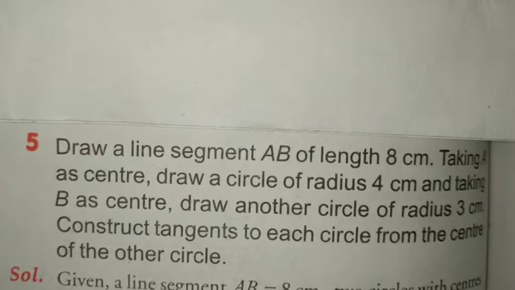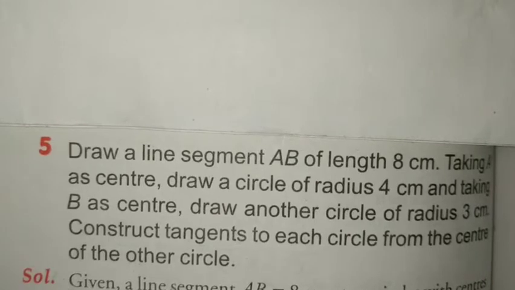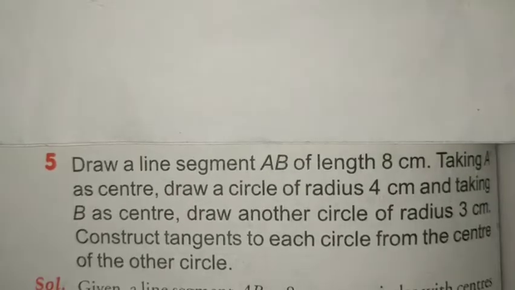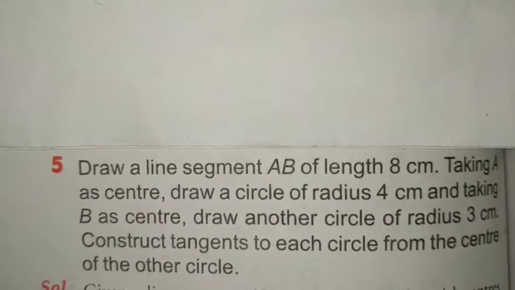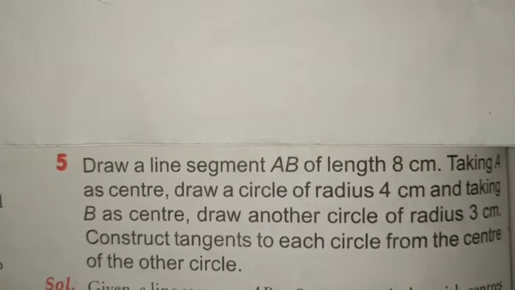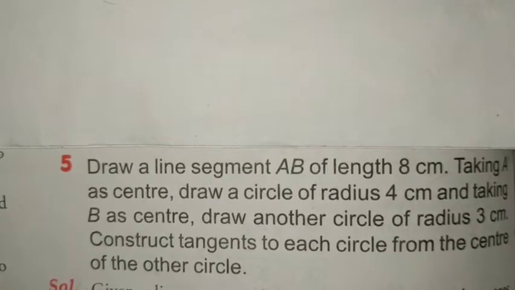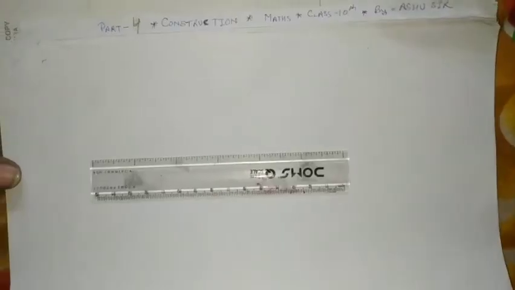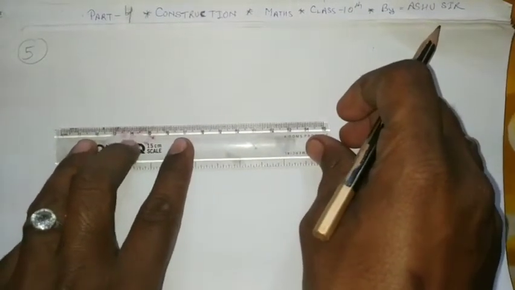The question is, draw a line segment AB of length 8 cm. Taking A as center, draw a circle of radius 4 cm, and taking B as center, draw another circle of radius 3 cm. Construct tangents to each circle from the center of the other circle. So, first you draw a line segment AB of 8 cm.